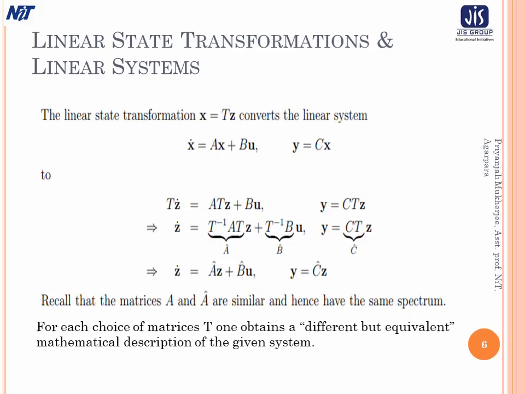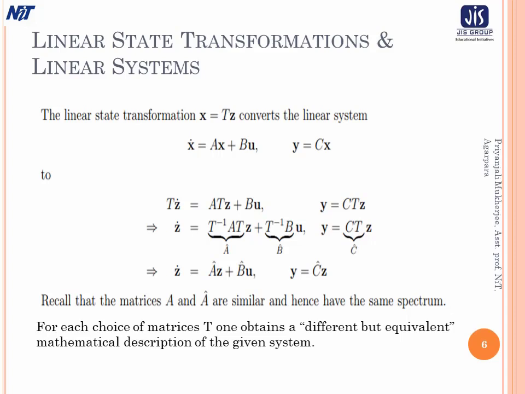From this we can write T inverse AT equals A hat, T inverse B equals B hat, and CT equals C hat, but D hat remains unchanged. Now, the eigenvalues of the matrix A hat will be the same as the eigenvalues of the matrix A.